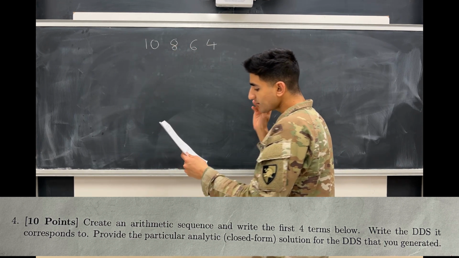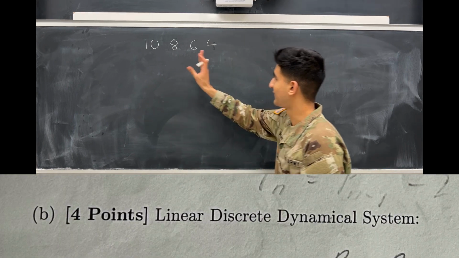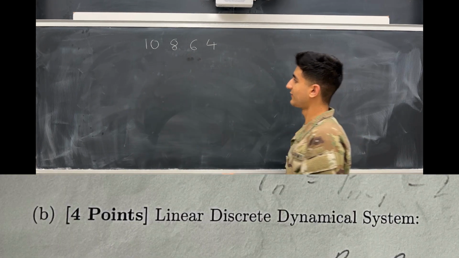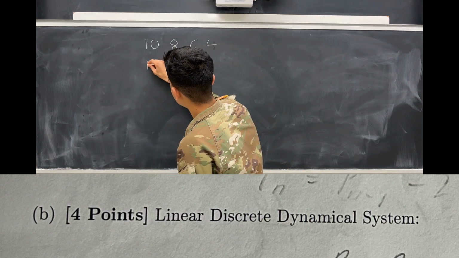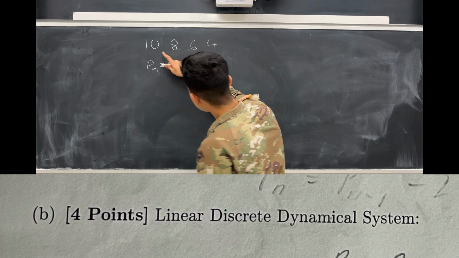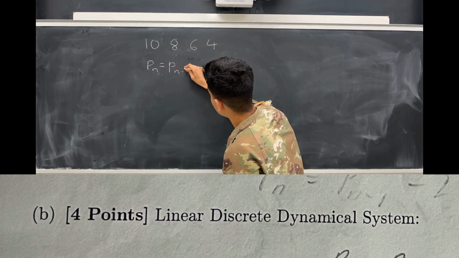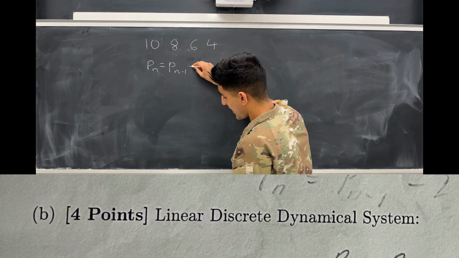From here, I'm going to create the DDS for this sequence. So p sub n is equal to our previous value minus 2. So p sub n minus 1 minus 2.